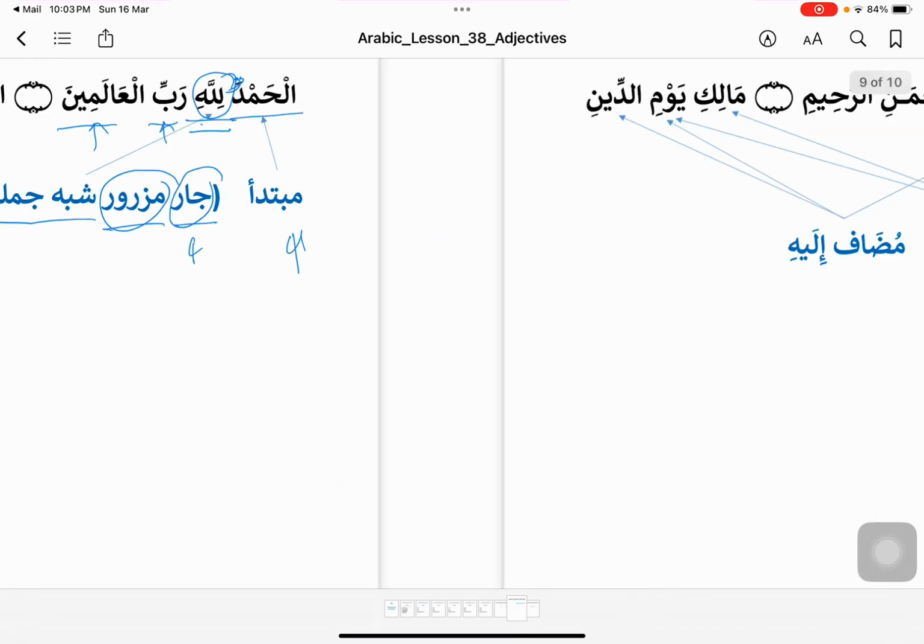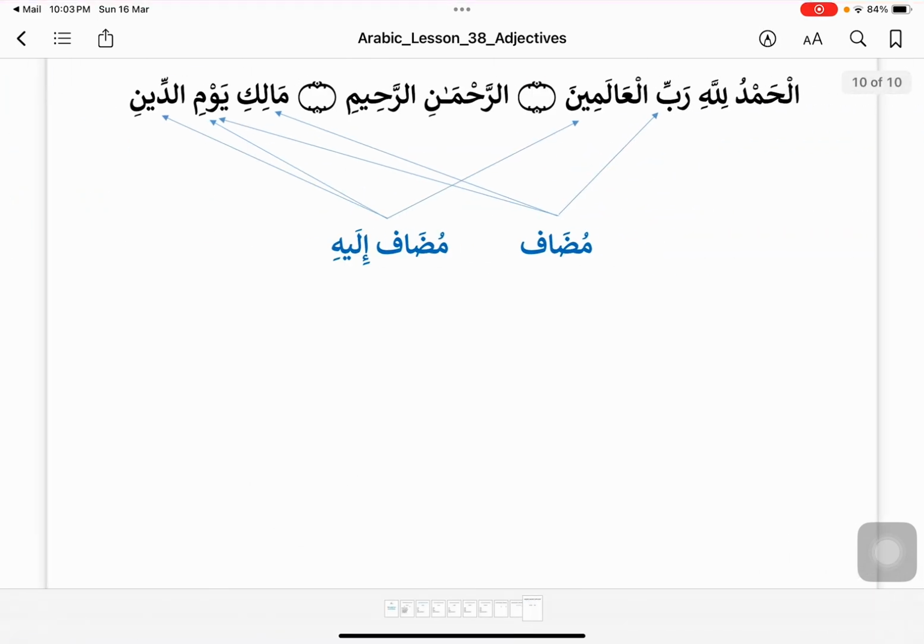Again, let's take a look at the mudaf ilayhi relationship here. Now we know mudaf does not take al, but that doesn't mean that it is indefinite, because all proper nouns are definite. So the name of Allah subhanahu wa ta'ala is definitely a definite noun. All proper nouns, all names of human beings, are definite. All of Allah's names, the great name of Allah, are definitely proper nouns. So this is definite. Rabbil Alameen, we cannot put al in front of Rabbi because it's mudaf.